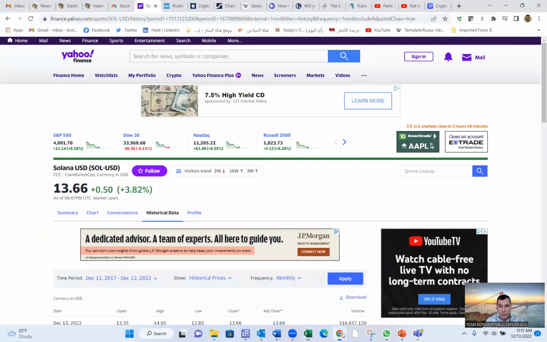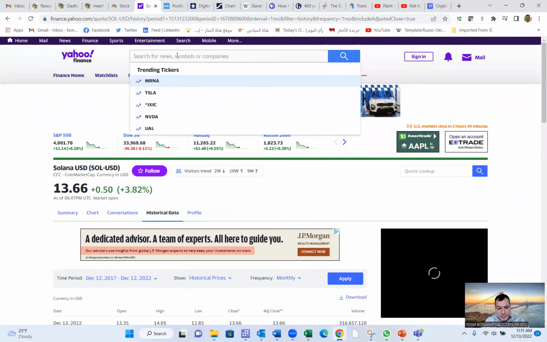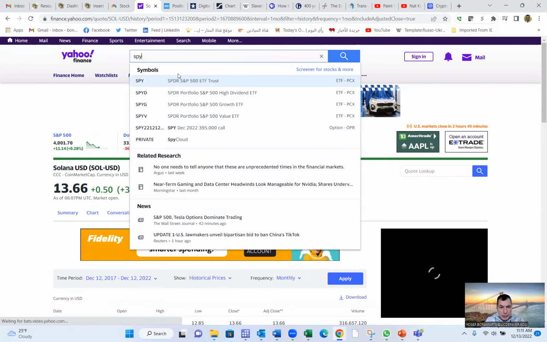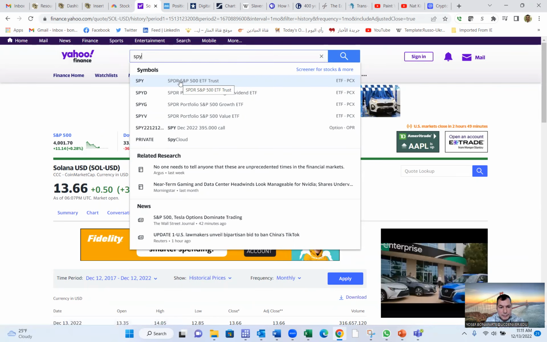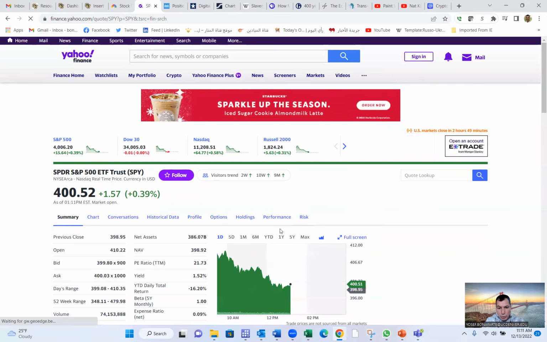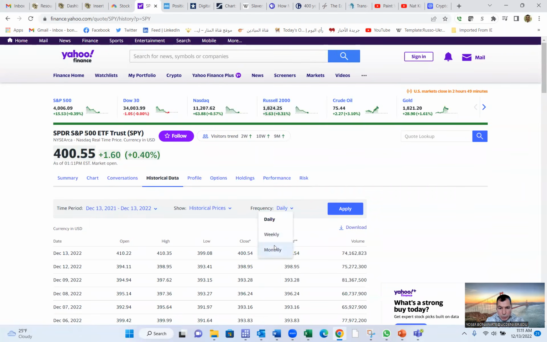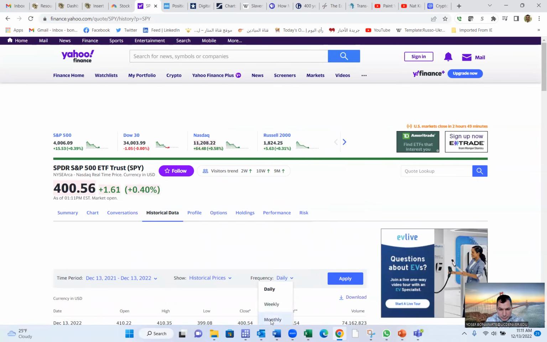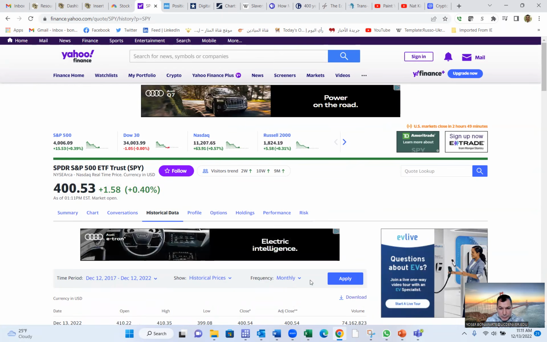The way you get the S&P is also simple. You go to Spider and select Spider. Then you go to historical data and go to monthly. You choose max, 5 years, sorry.